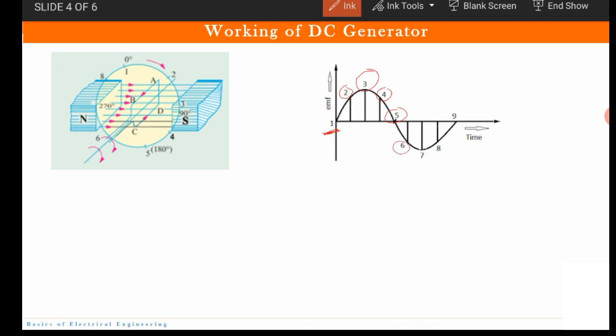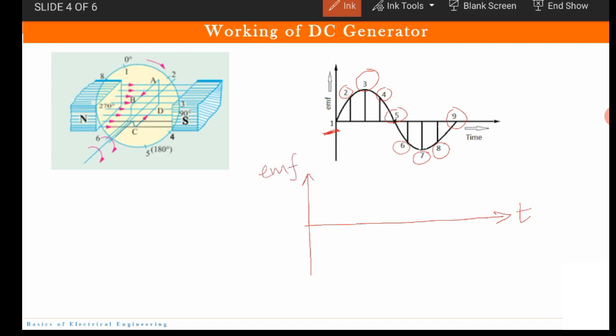Okay, so likewise we get points 6, 7 and 8. Now again the coil comes back to 0th position or 9th position and it becomes parallel. So flux linkage is maximum but rate of change of flux cutting is minimum, so we get 0 output at this position. So basically in this generator we are rotating the armature coil, right?